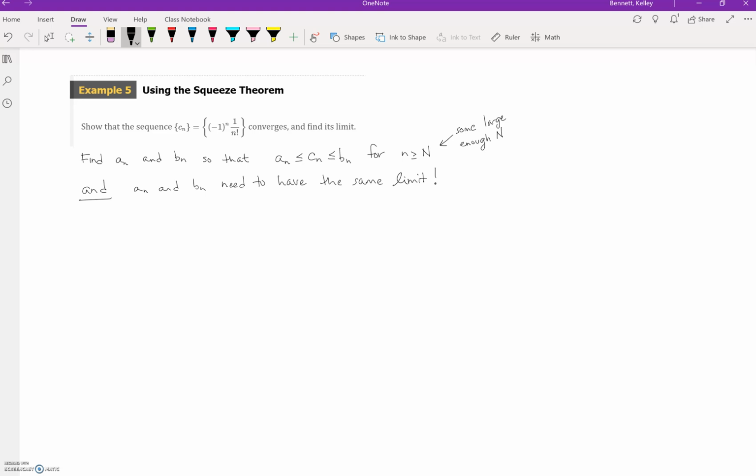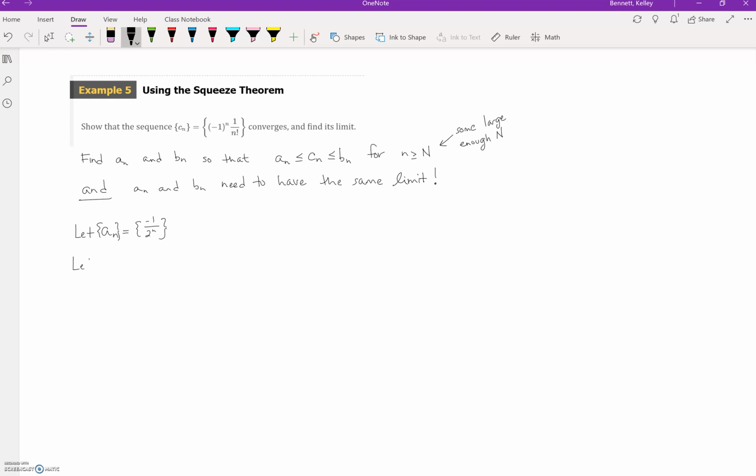So what we're going to do here is let A sub n be equal to -1 over 2 to the n.